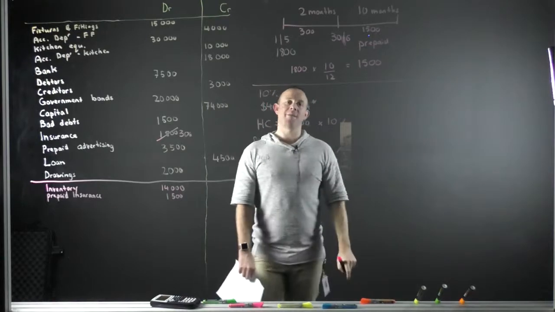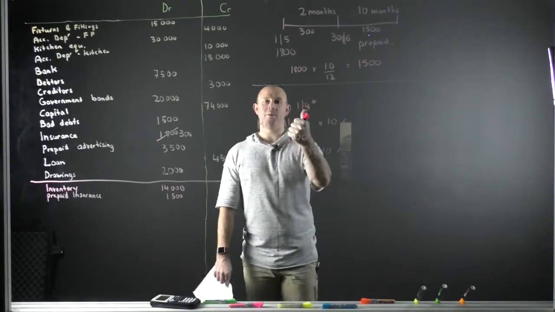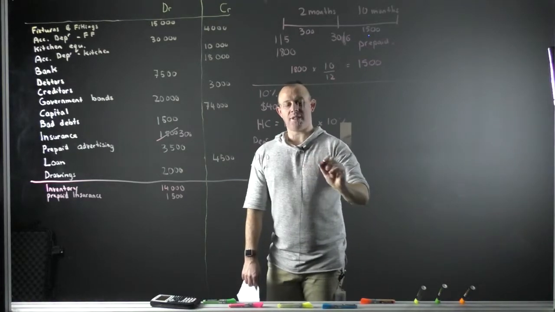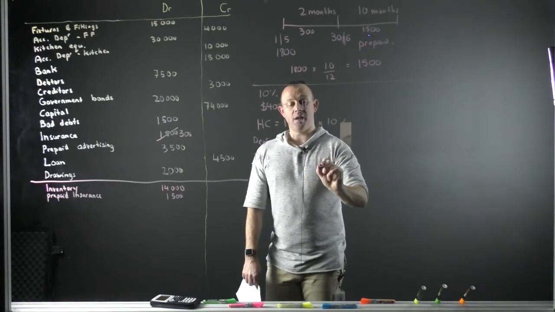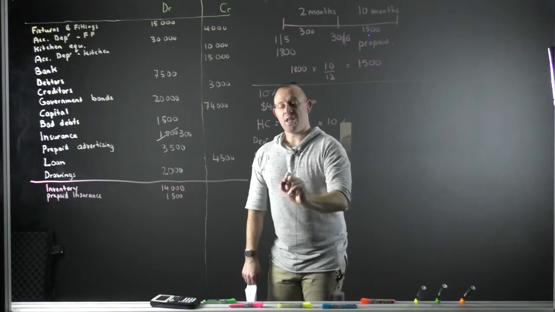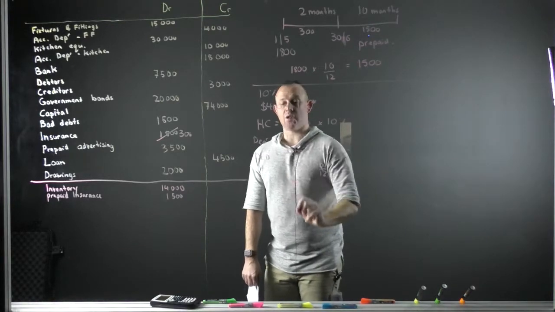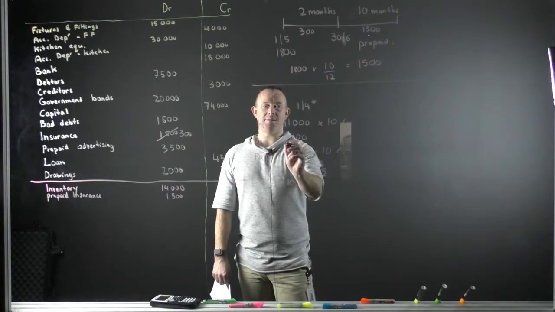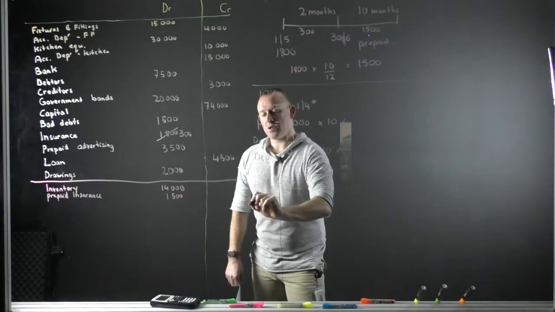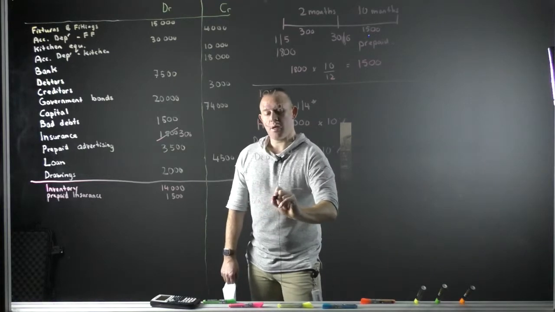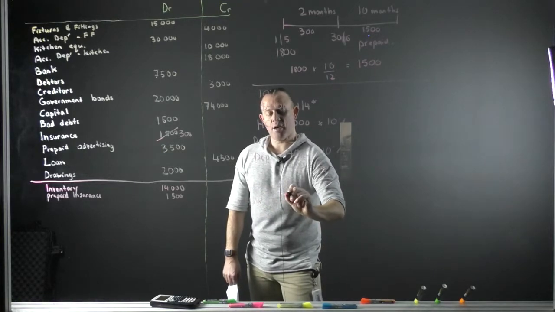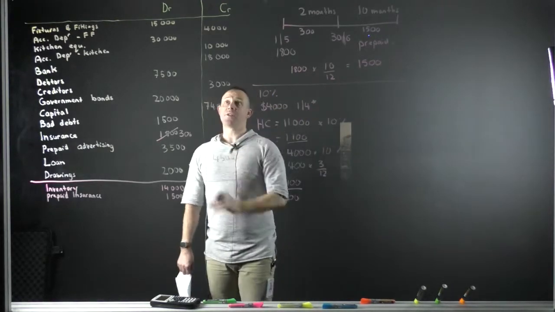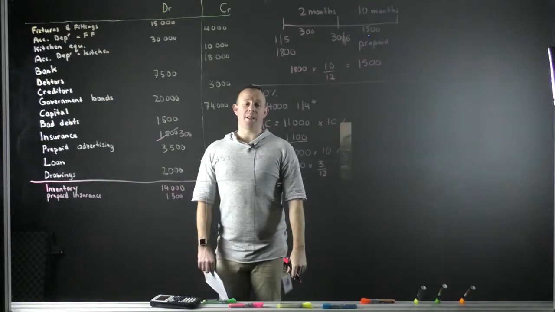But that's for a whole 12 months, and we've only had it for April, May, June. We've had it for 1 quarter. So we're going to times this by 3 over 12, giving us $100. This means our total depreciation is this amount plus this amount. Total is 1,200.